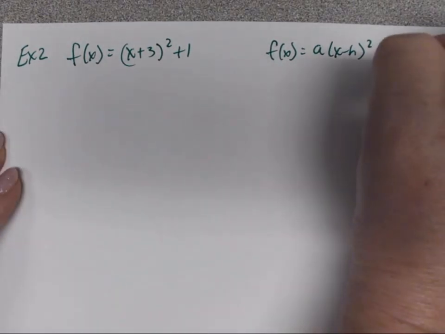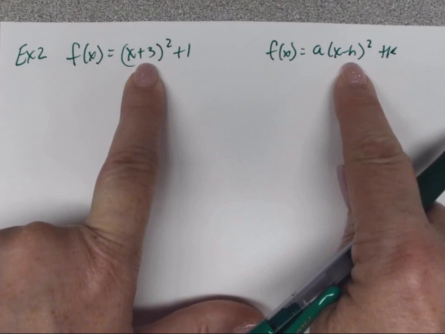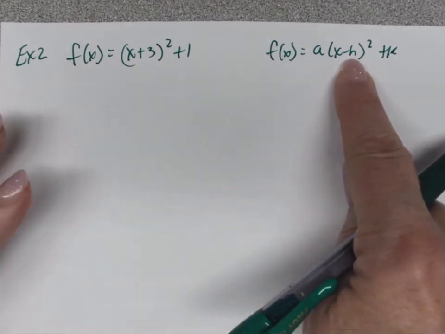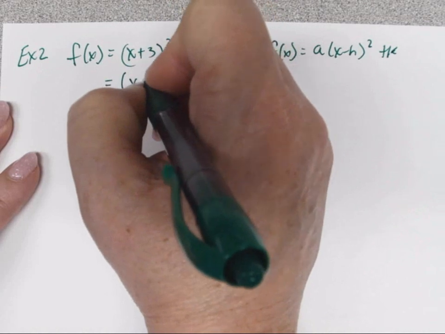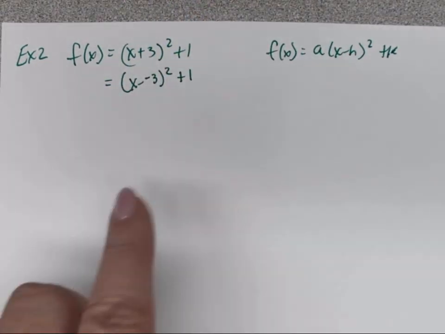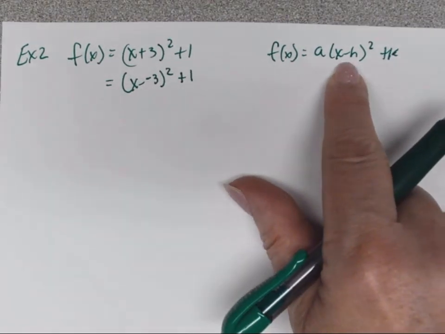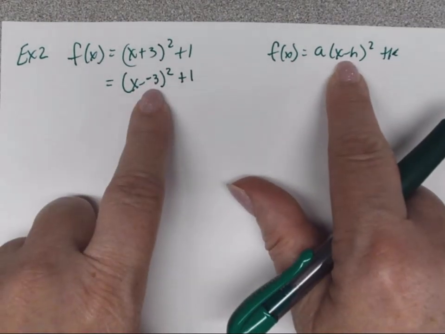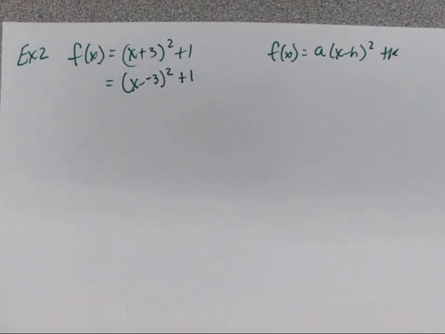Now remember I told you it's always going to look the opposite, because now we see a positive 3, but it has to be in that format. I'm going to actually rewrite it as it would be in the format: (x minus a negative 3) squared plus 1. So it has to have the same format look. So now you can see that h is actually negative 3. So it's going to be opposite of what you see when you're looking for that h.